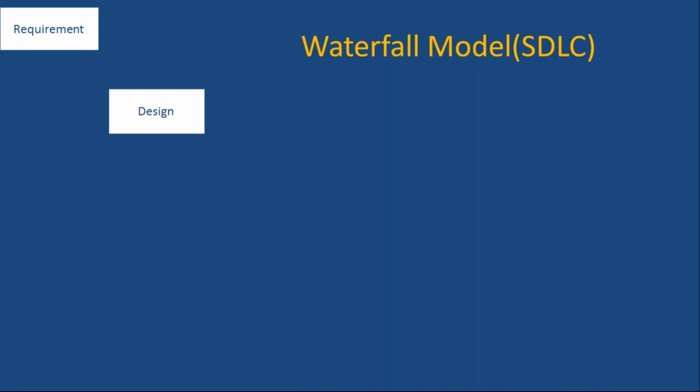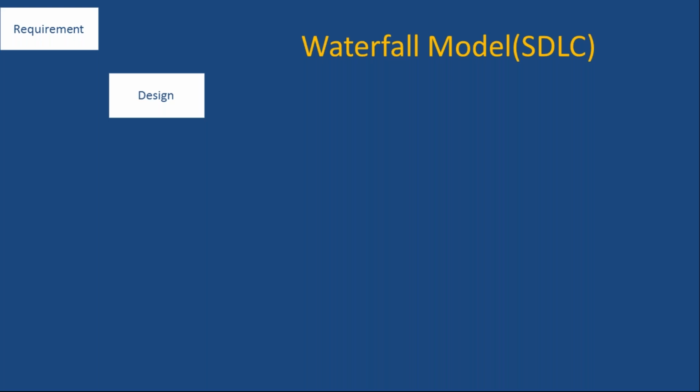Once we got the requirement, the next phase in the waterfall model is called the design phase. That means once we get the requirement from the client, we will design how the application should be, and what we require in order to meet the client's requirement, like what coding language we have to use and what infrastructure we need.